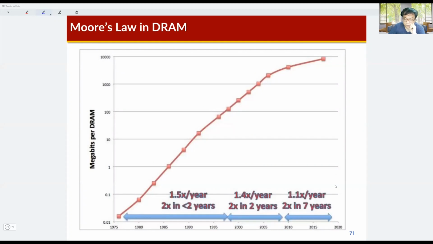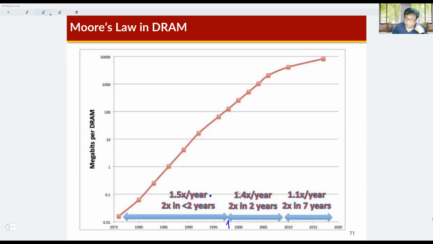Okay, let's see Moore's law in DRAM. In this graph, the x-axis is the time, and the y-axis is the megabits, the number of bits per DRAM. Until the late 1990s, this density increased 1.5 times per year.